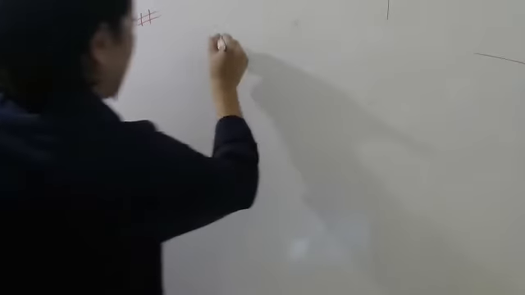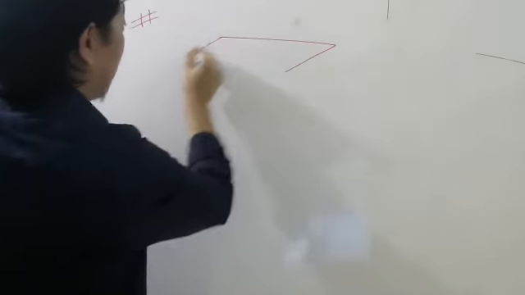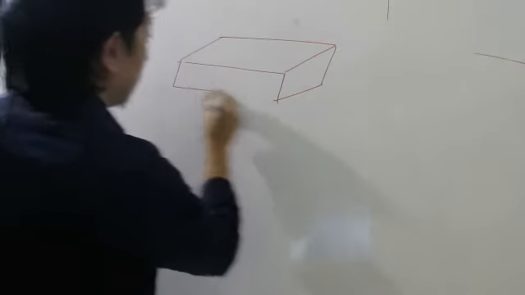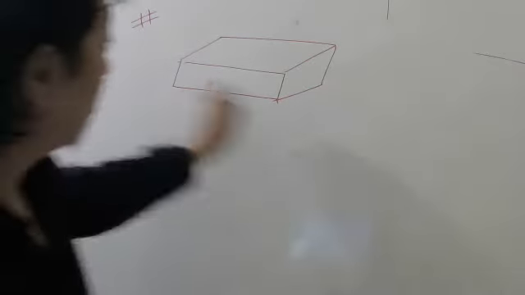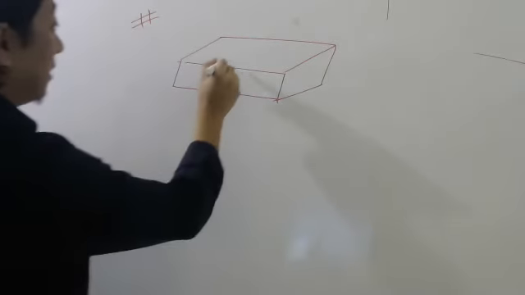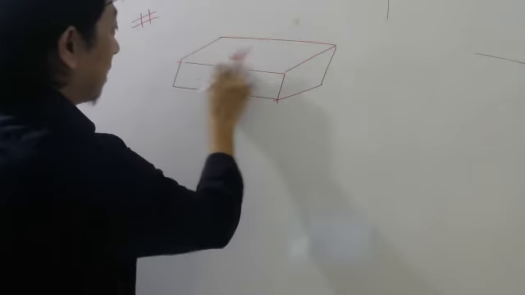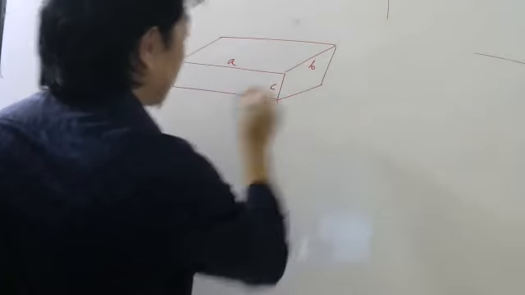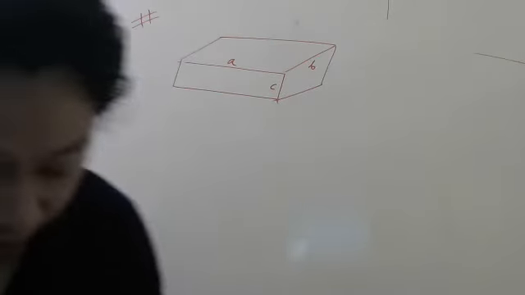Now, let us say I have a conductor which is of this shape. Okay, so suppose this is my conductor. Let us say this side is A, this is B, and this is C. Now listen carefully.